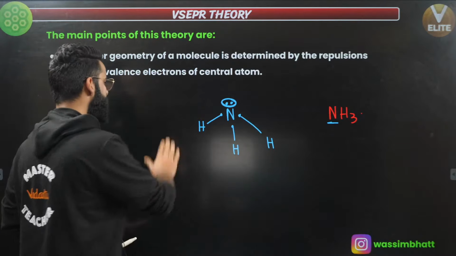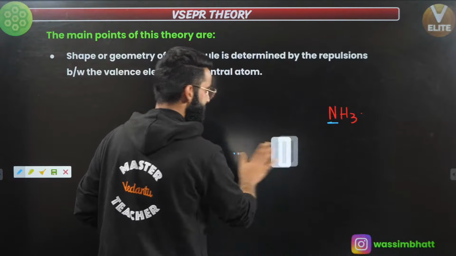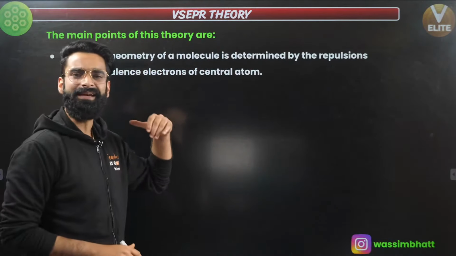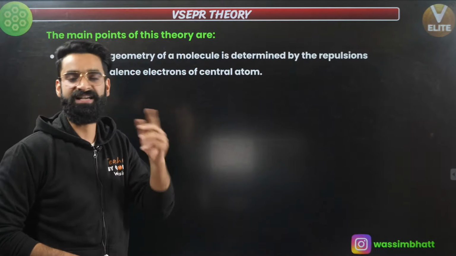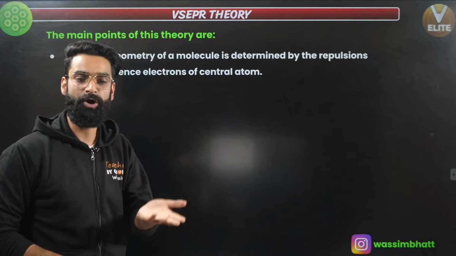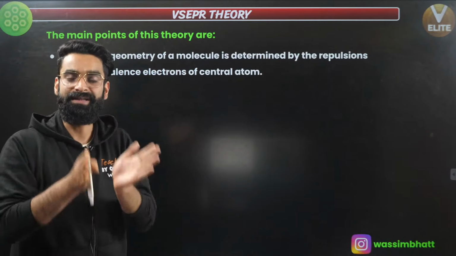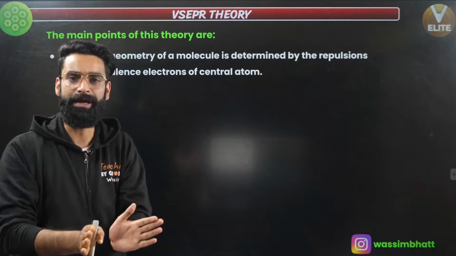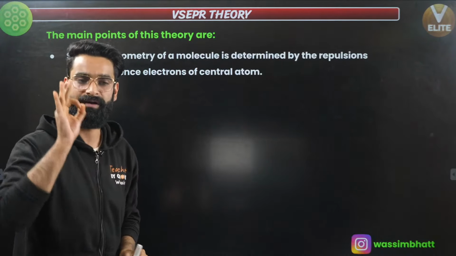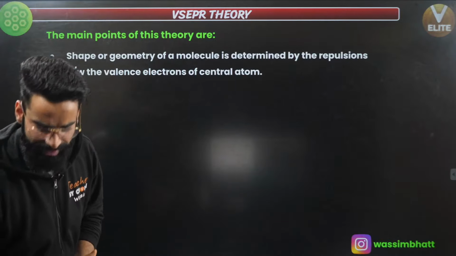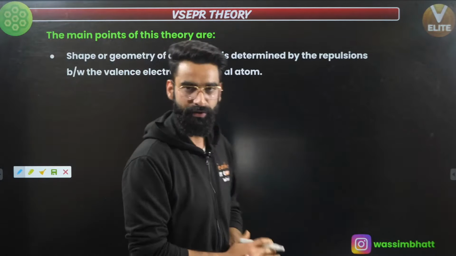And remember, as per valence shell electron pair repulsion theory, these electron pairs, bonding as well as non-bonding, arrange themselves in such a way that there is minimum repulsion between them and eventually maximum stability. This is point number 2, which I want you to take note of.